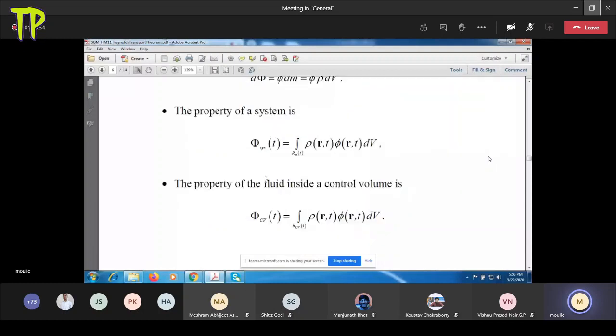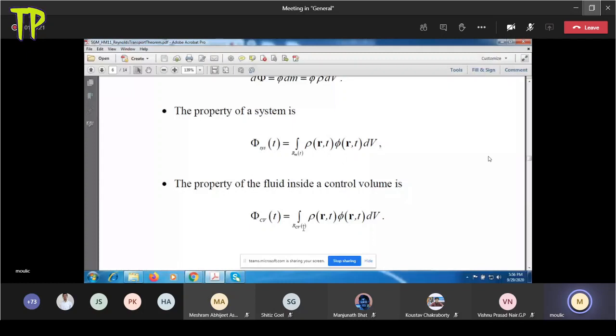Similarly, if you have fluid inside a control volume, the property of the fluid inside the control volume at time t will be given by a similar integral, but the region of integration will be what I'm calling R with the subscript CV. If the control volume is moving, then that can be denoted by the parametric dependence R_CV(t).